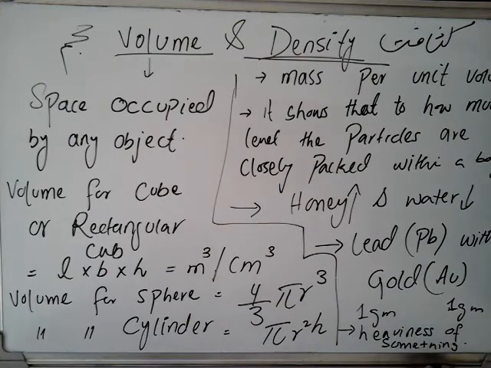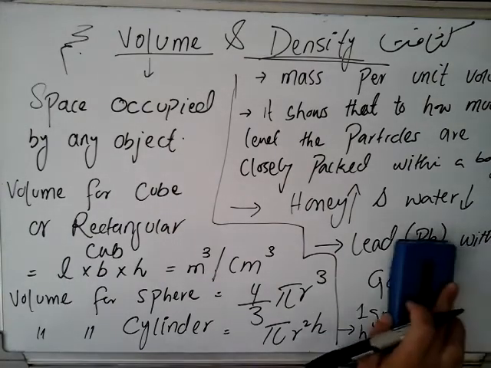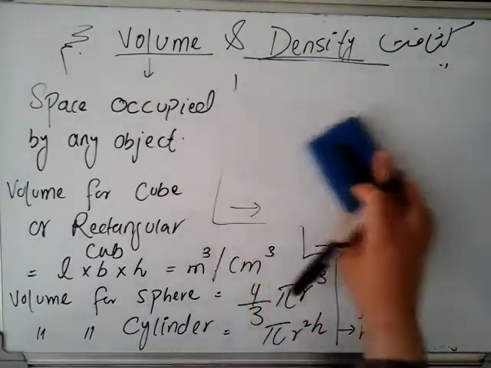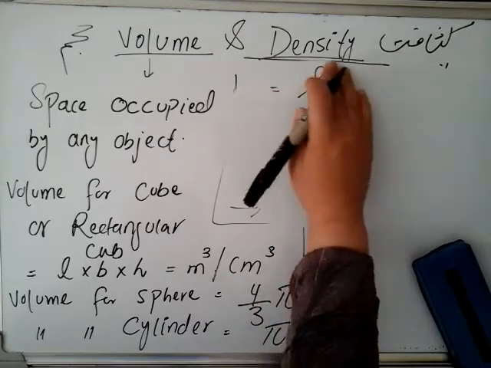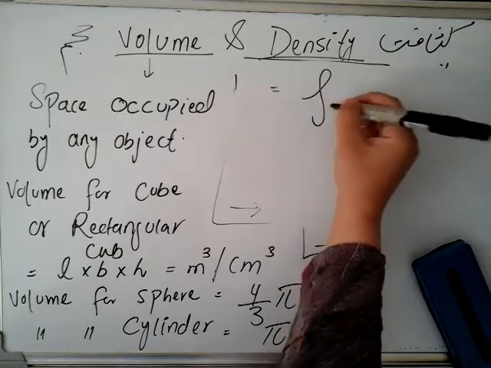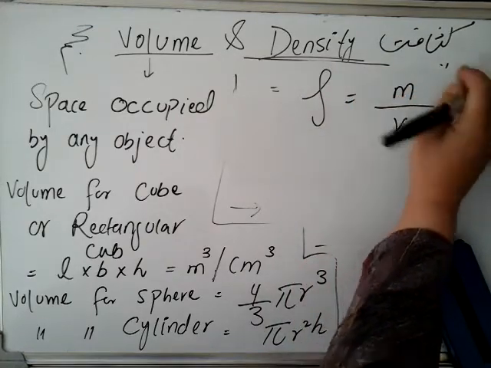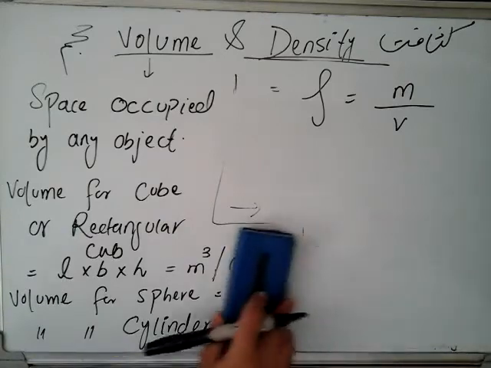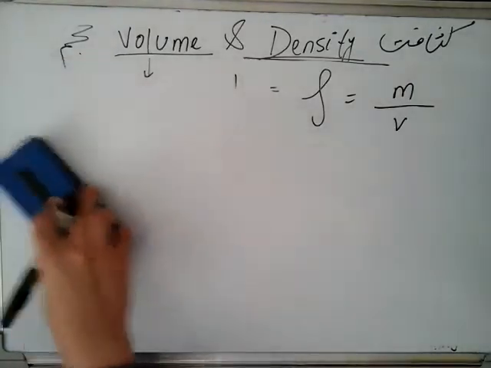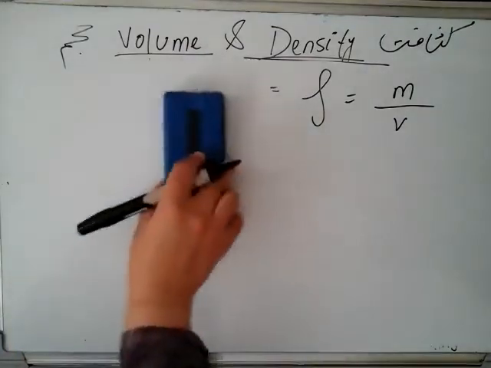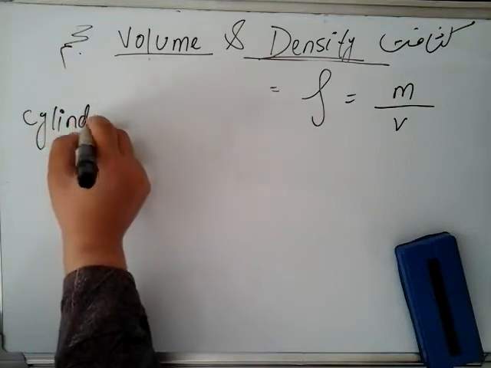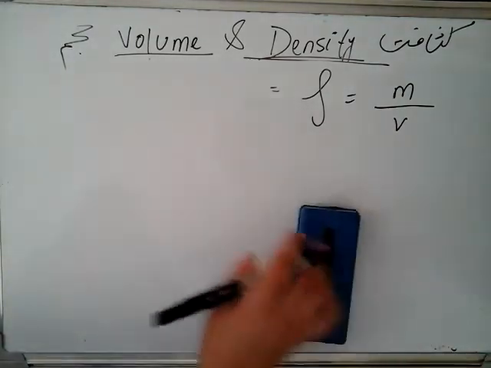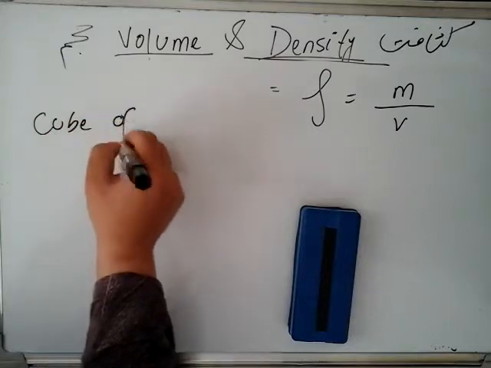Okay, so its formula. The formula for density is, the symbol of density is like this, mass per unit volume. If, for example, there is a cube of ice.